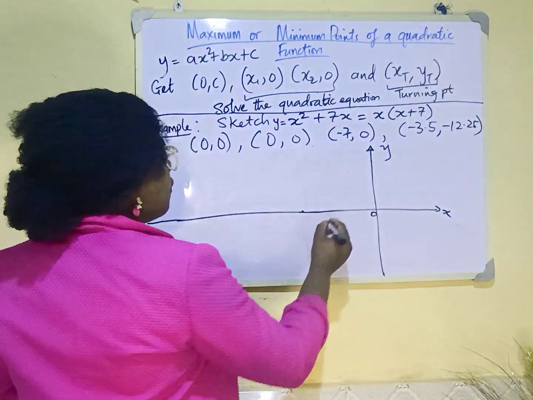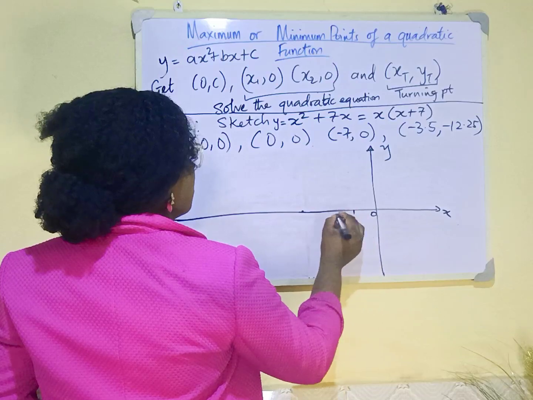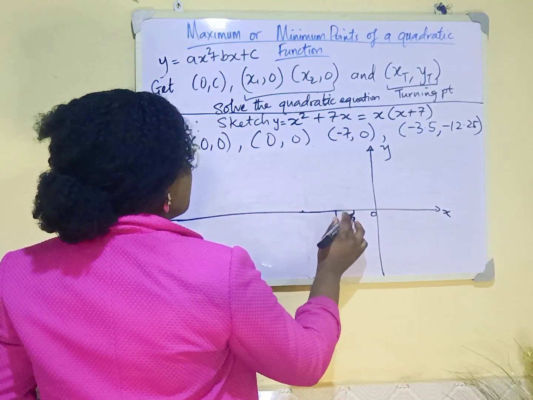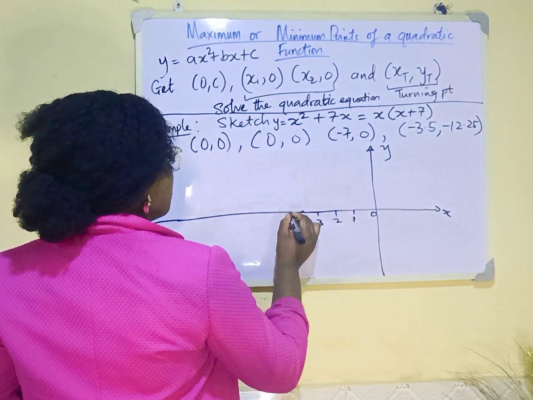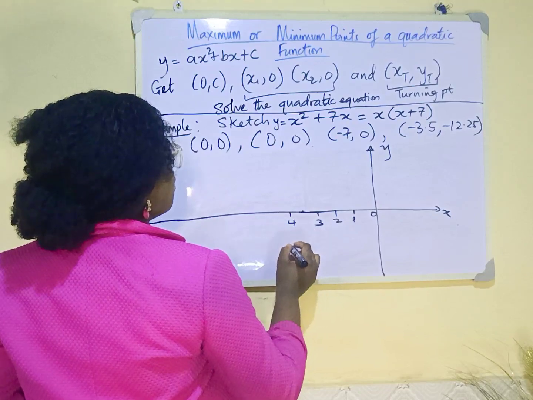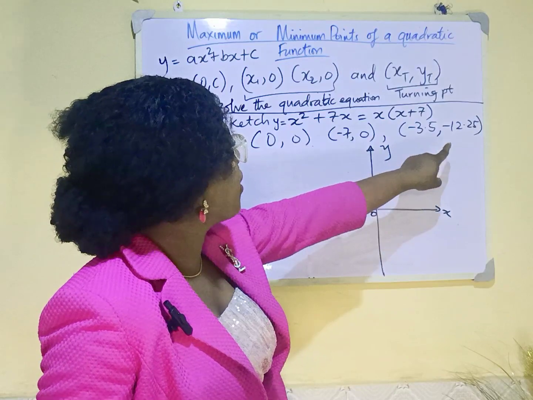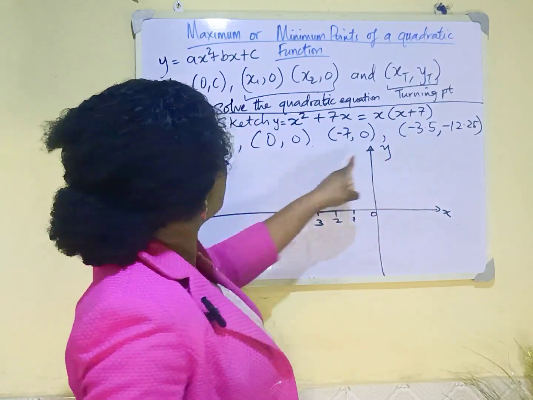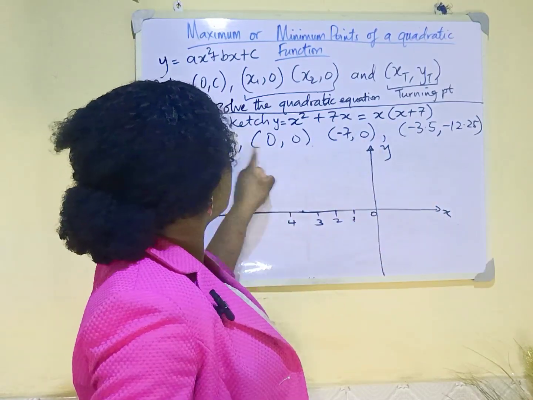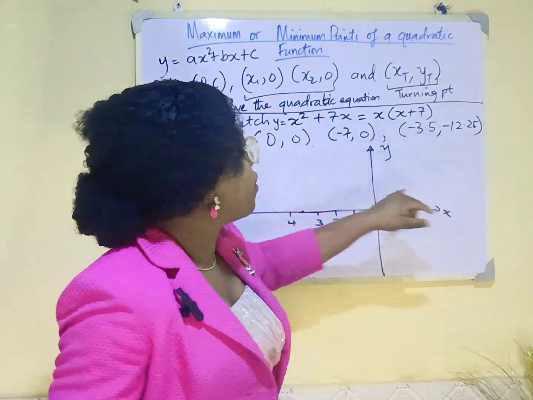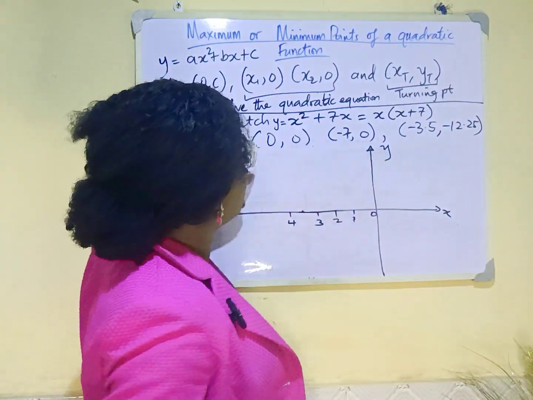Okay, I have 1, 2, 3, 4. I'm saying that I have the same thing for my y-axis. There is no positive y-axis here. 0, 0, 0 minus this. So I can just lift this up and put it up here.